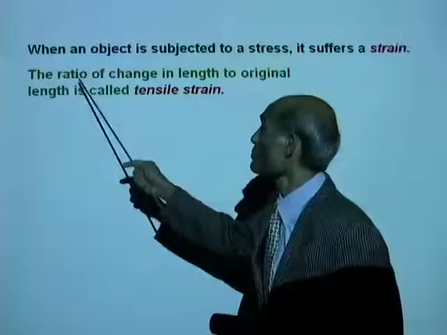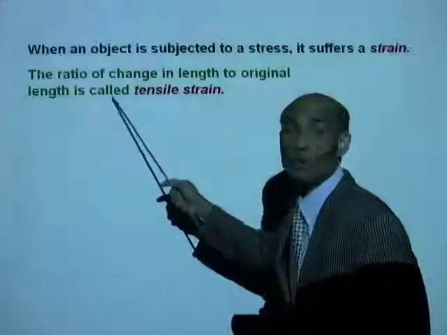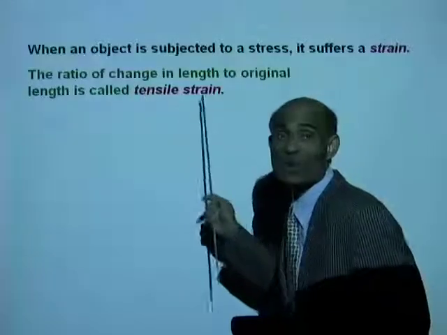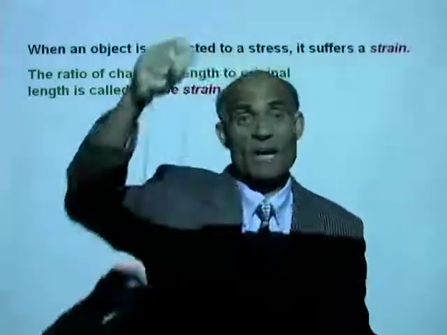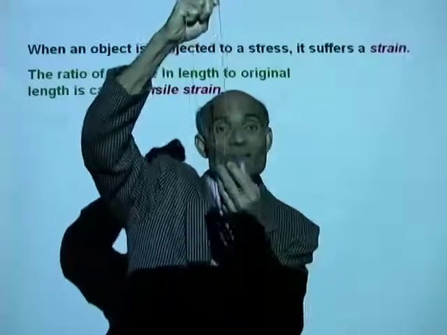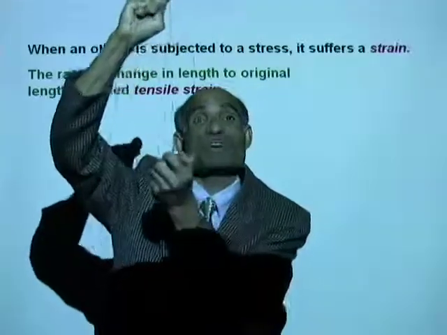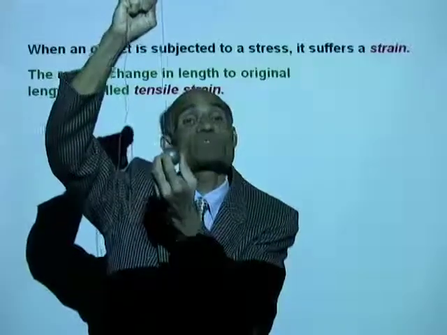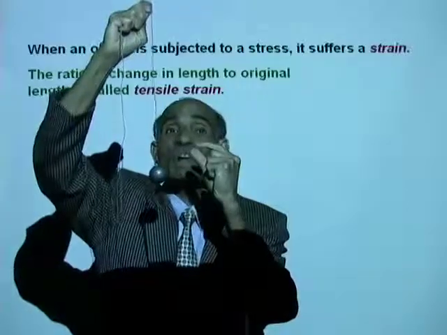The ratio of the change in length to the original length is called the tensile strain. So when I suspend this ball from the string, the string is subjected to a stress. As a result of the stress, the length of the string will increase slightly.